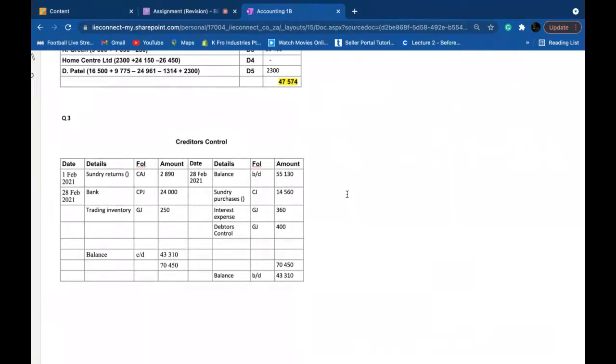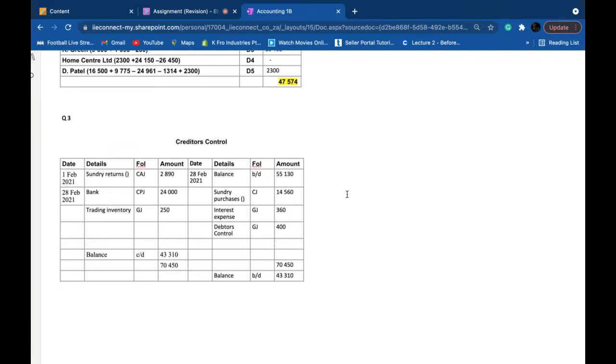Now we have to take into account all these errors and omissions noted above and correct it. Again, they're testing: do you guys know your general journal, your creditors control? What would make things increase or decrease? So we then have to read the information given.